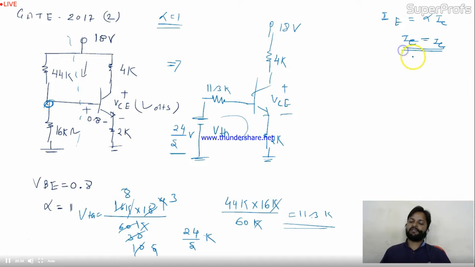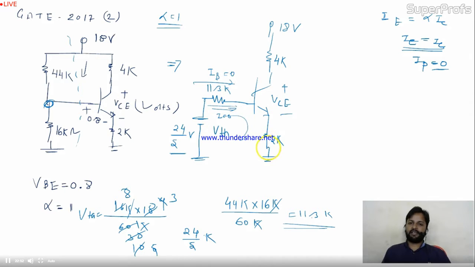That means IB is 0, so in the input circuit there is no current through this resistance.